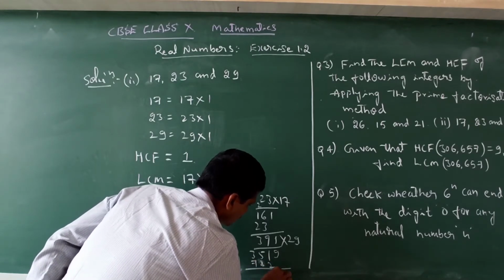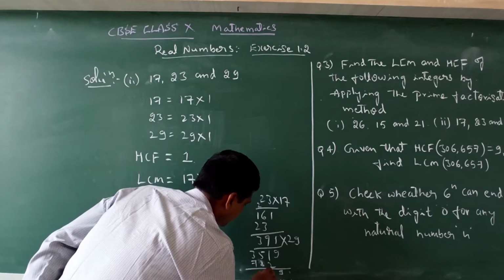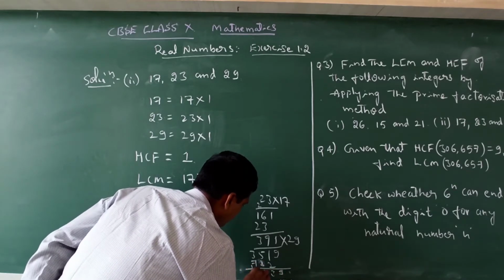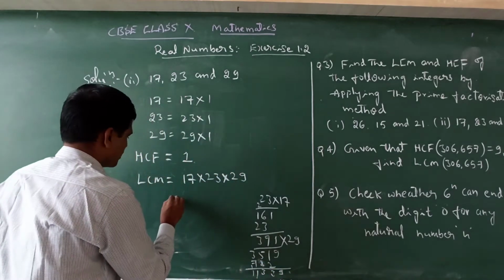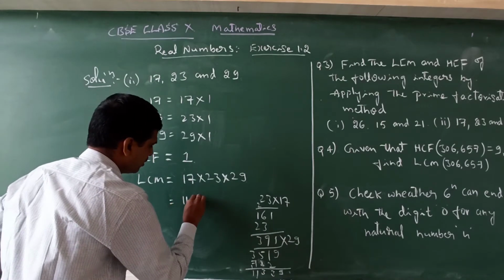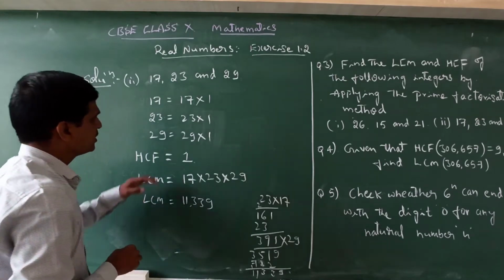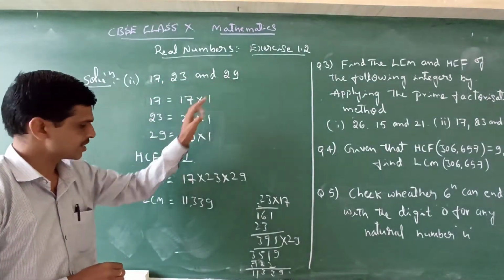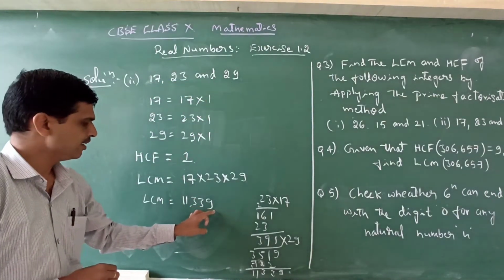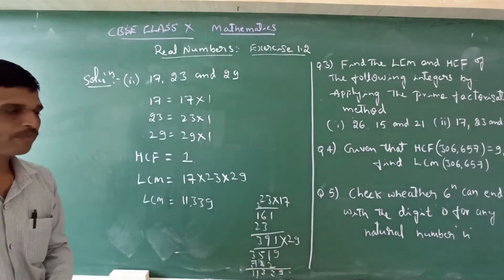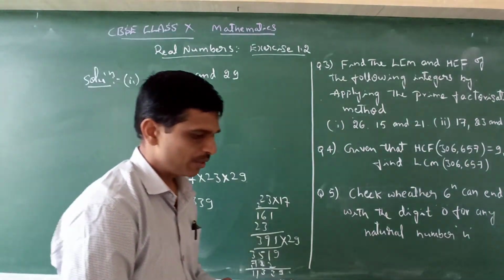So therefore your answer is 11,339. Therefore the LCM of these three positive integers is 11,339. So this is how to calculate it here.